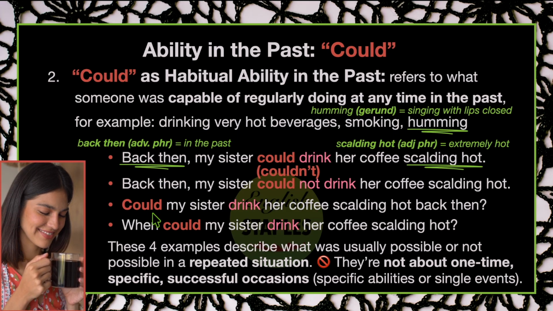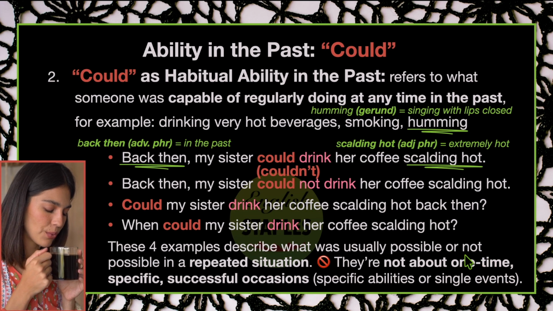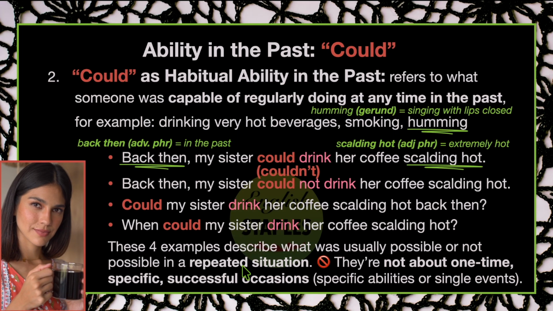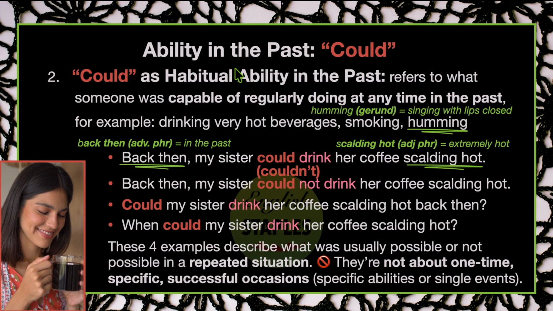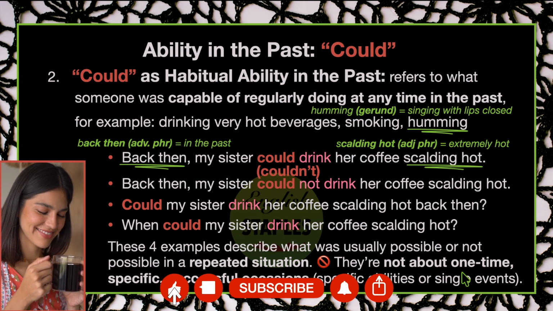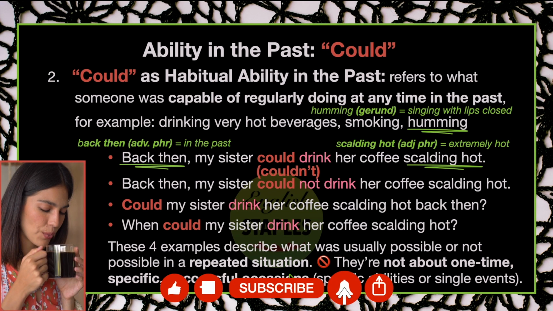These four examples describe what was usually possible or not possible in a repeated situation. It was habitual. These examples are not about one-time specific successful occasions.